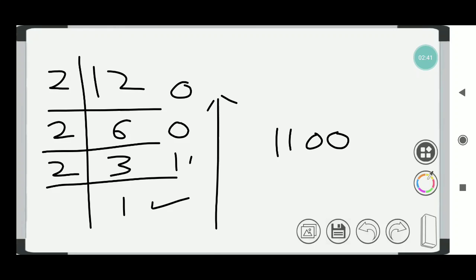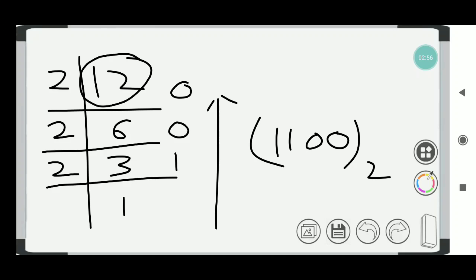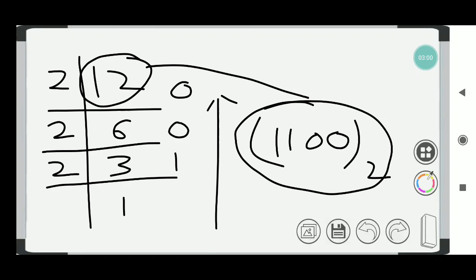So the number that comes here is 1100 and the base is 2, meaning this number is in binary number system. So this 12 is converted into a binary number which is 1100 and the base is 2. So it is our first case.